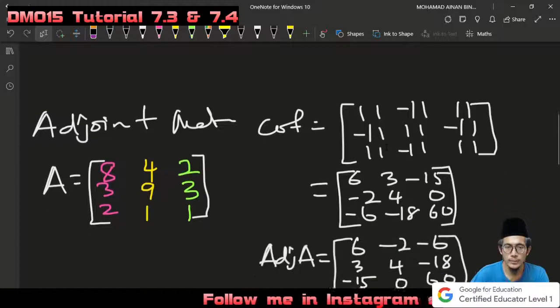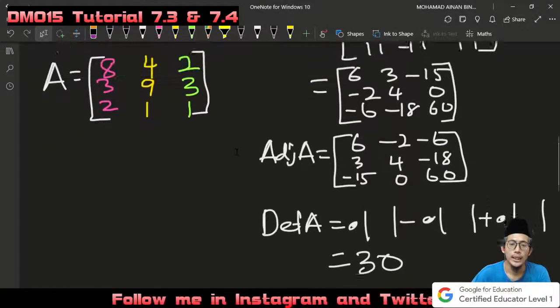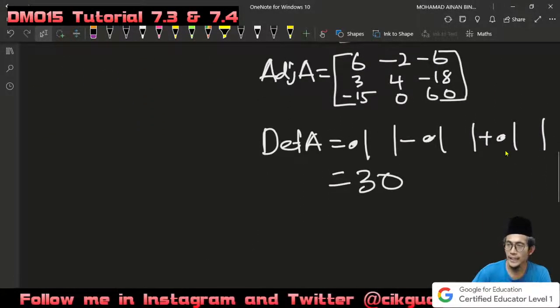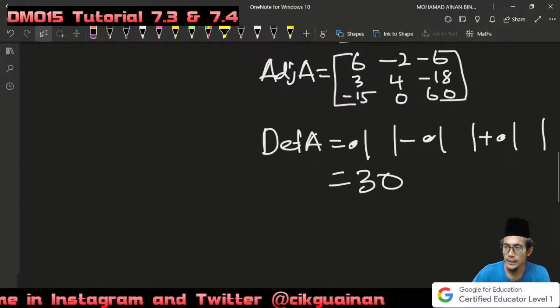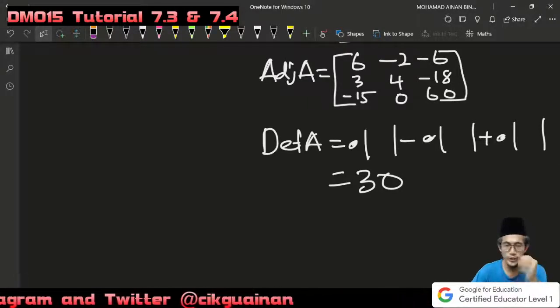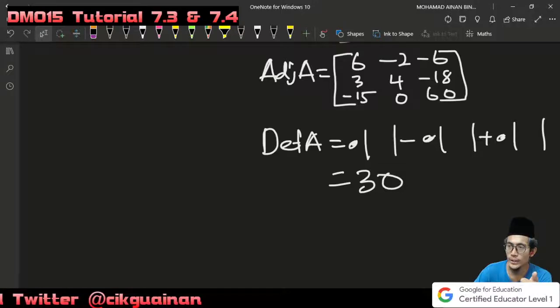So, okay. Then from here we can get the inverse. We know the determinant, we know the adjoint, we can get the inverse.